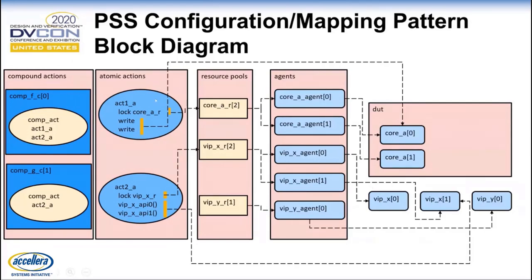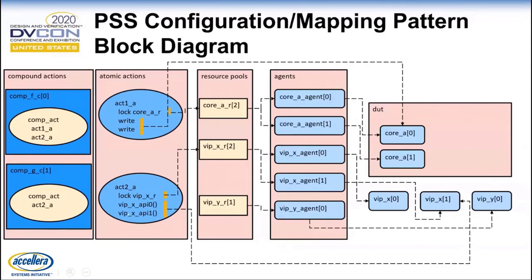So here we see an example where you have an atomic action locking a core of type A, and on that core, all the writes implementing the exec of that atomic action will happen on the selected core. Okay, so when you lock a core, which is associated with this pool, there are 2 resource objects, and exactly one will be picked, and on that core, we would like these writes to be executed.